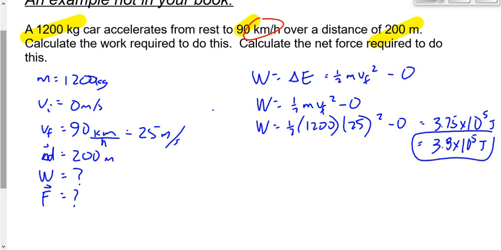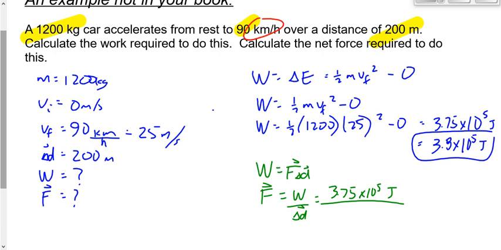Yeah, assuming that you push it in the same way that it moves, work is equal to F times D. F is equal to W over D. Yes, that is displacement technically rather than distance, but it works there. 3.75 times 10 to the 5 joules divided by the displacement of 200 meters. And we end up getting 1.9 times 10 to the 3.